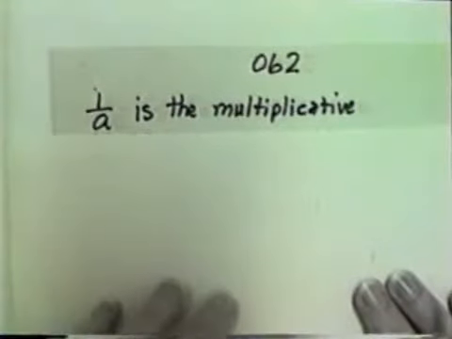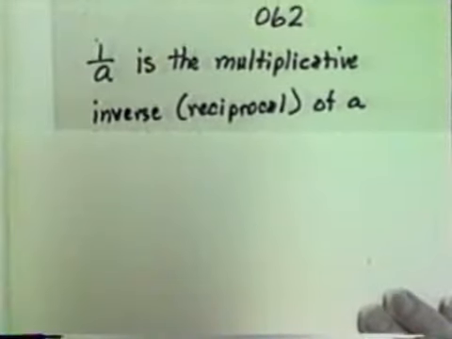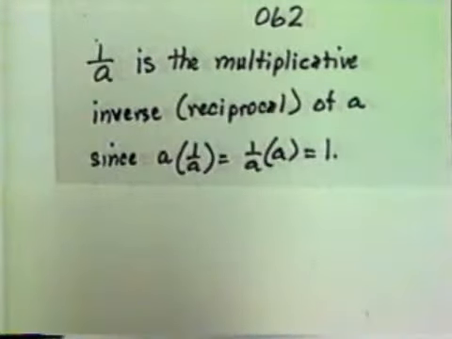1 over a is the multiplicative inverse or reciprocal of a, since multiplying a times 1 over a, or the other way around, 1 over a times a, will give you 1. Notice that the multiplicative inverse or reciprocal will do to a factor the same basic thing that adding the opposite will do to a term.